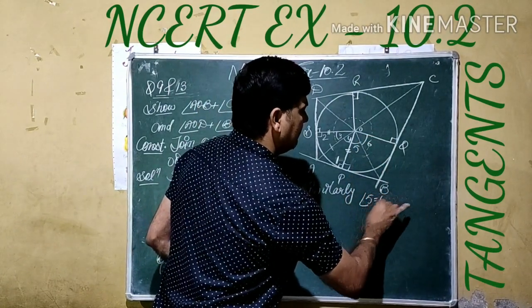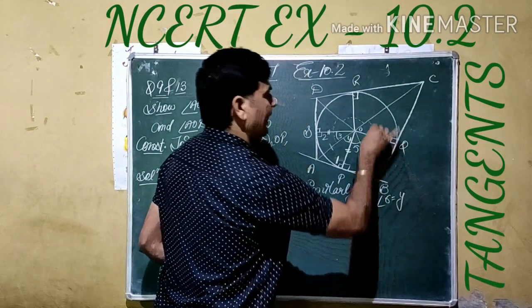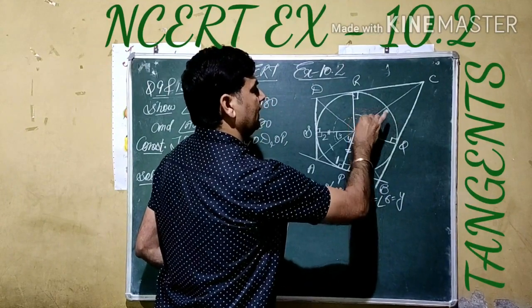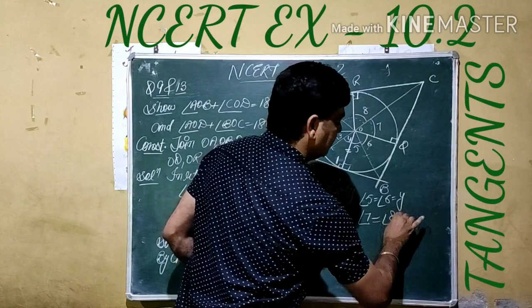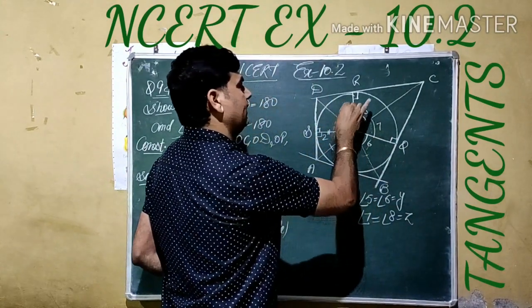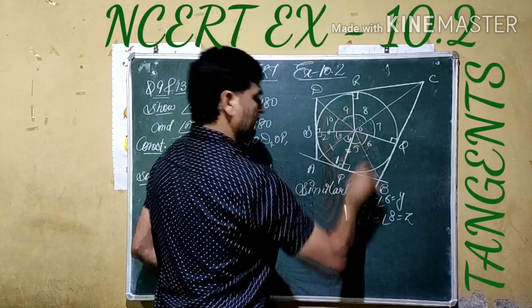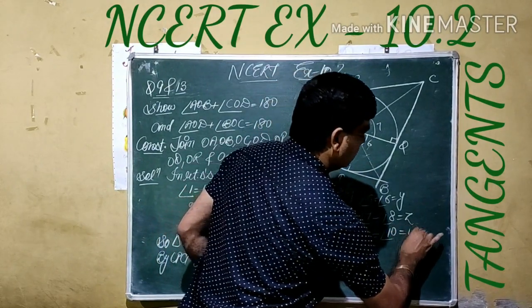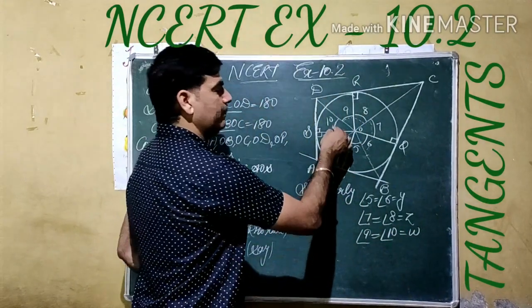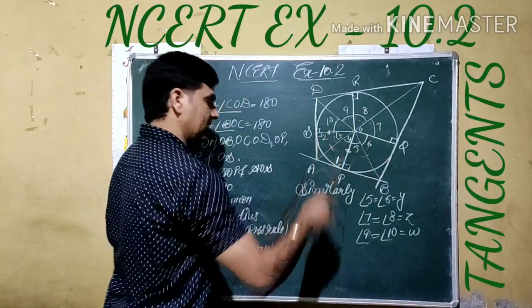We are giving them the name Y. Angle number 7, angle number 8, we are giving the name Z. Angle number 9 and angle number 10, we are giving the name W.